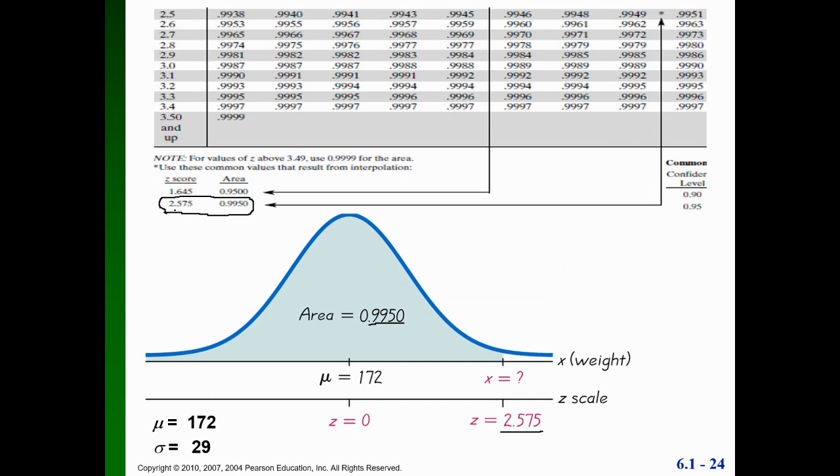Suspiciously, for this area 0.9950, he actually tells me what the Z score is. He says, hey, the Z score that's associated with that area is 2.575. Now, obviously, that can't be an X score because if that's 172, how could something to the right of that be only 2.575? Doesn't make any sense. So you need to do a conversion here. Take the Z score, translate it back to an X score.